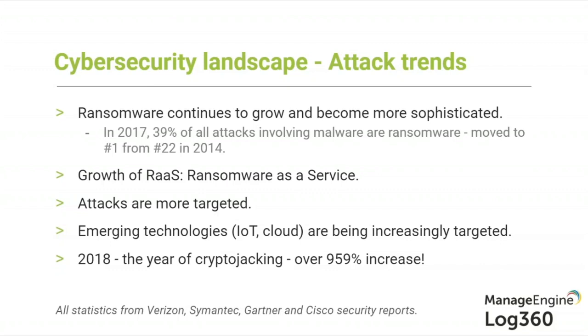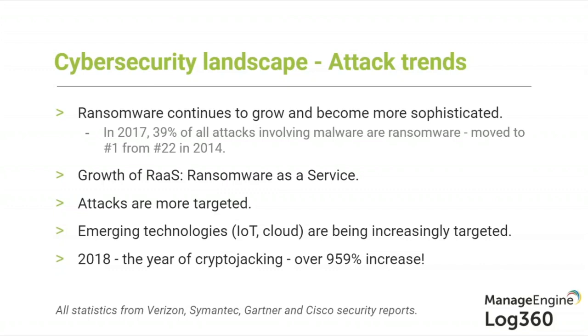The next trend: in the last couple of years, we have been seeing that attacks are becoming more and more targeted. Previously, attackers just tried a blind hit and miss method. They would just try to attack the first network that they were able to breach.